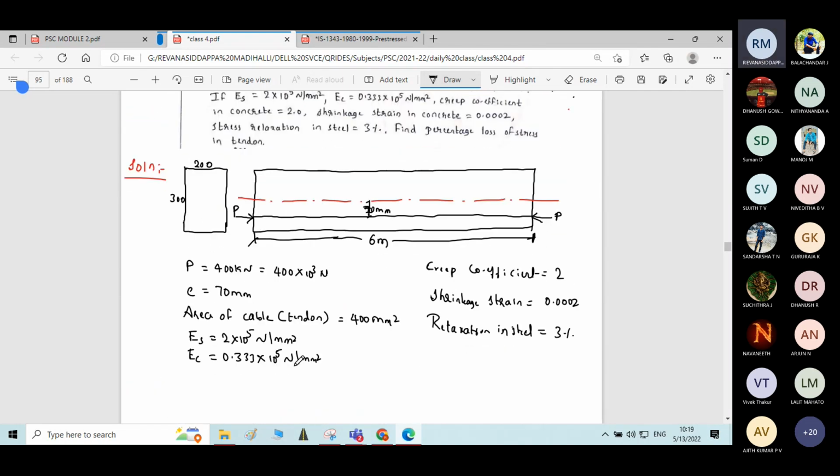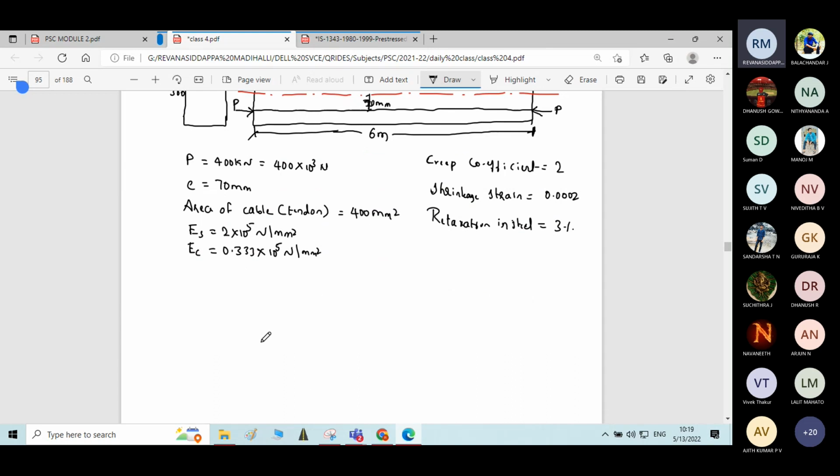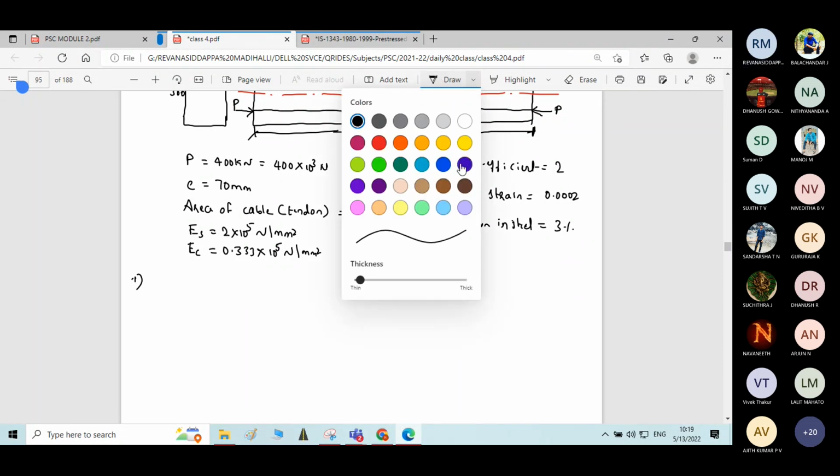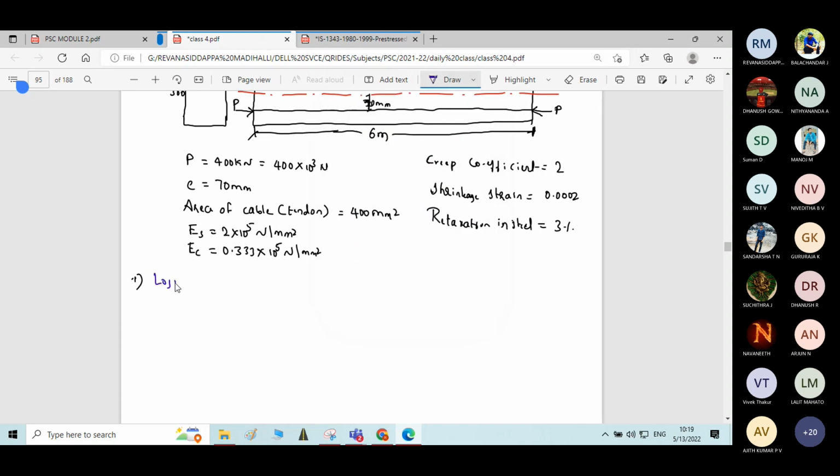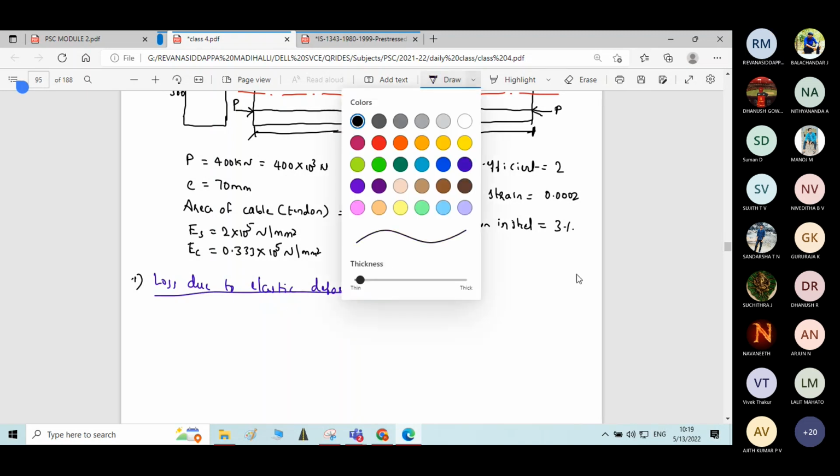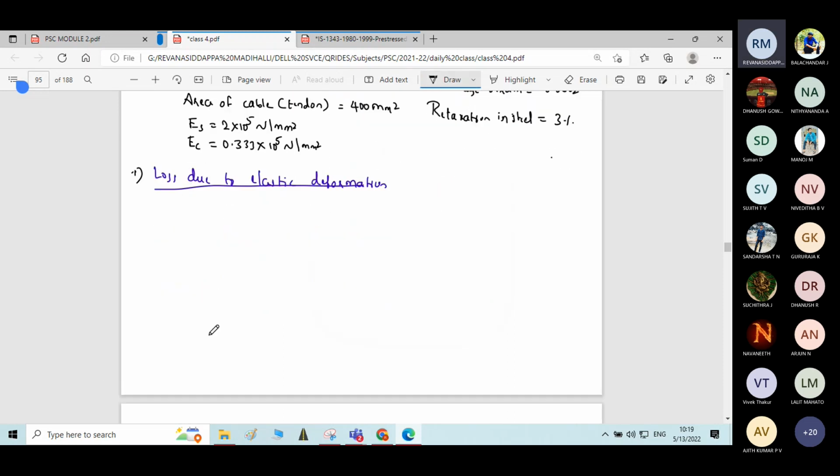So we'll calculate one by one. First one is loss due to elastic deformation. Loss due to elastic deformation, how is it calculated?